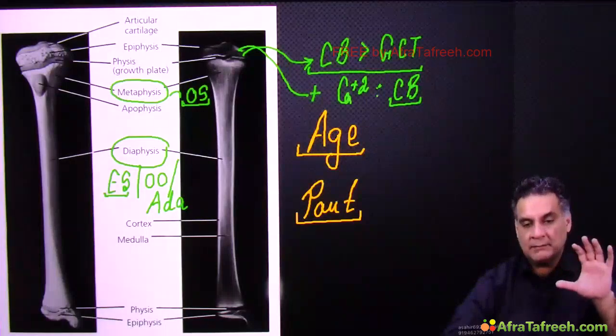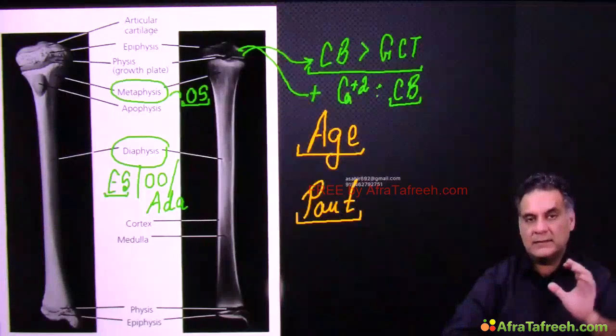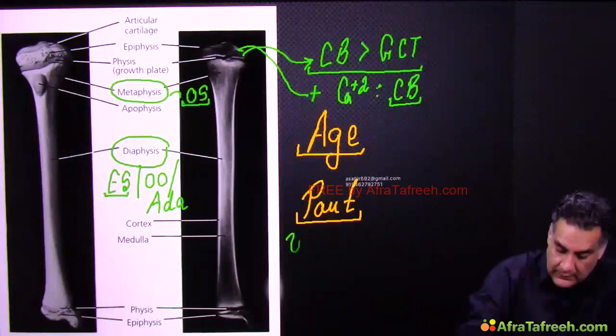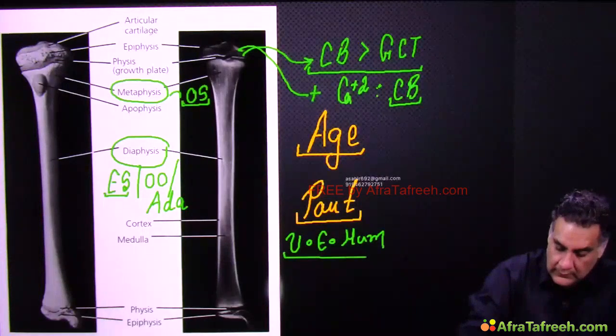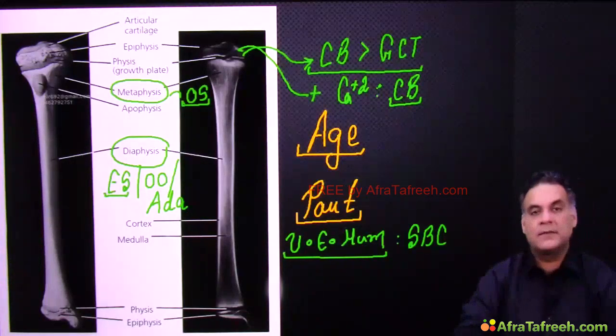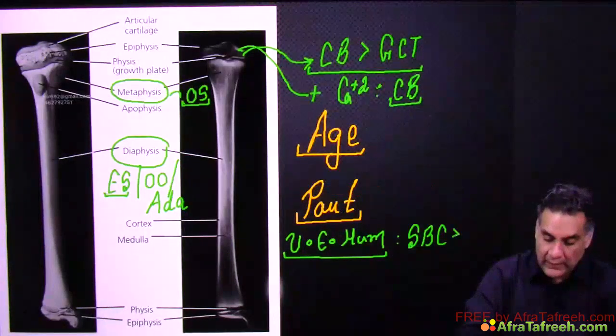This is about the part of the bone. In the body, there are some areas that one should remember, like upper end of humerus, you must remember unicameral bone cyst, also called simple bone cyst, single cavity cyst, followed by chondroblastoma.